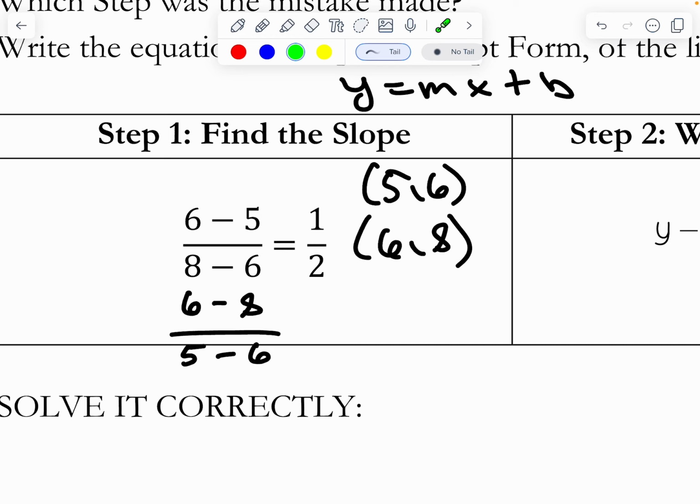Otherwise, if they did it their way, then what they did is they accidentally flipped their x's. They did 6 minus 5. They did x2 minus x1. And then 8 minus 6. So y2 minus y1.